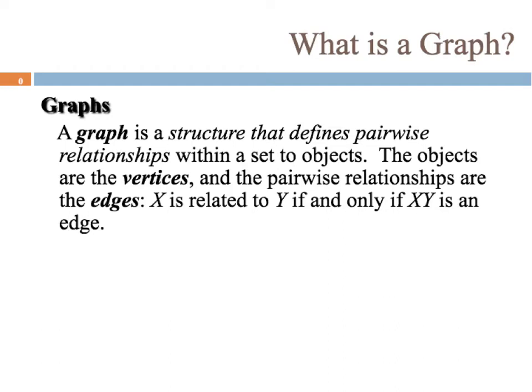To illustrate that really quick, let's say I have a point here and a point here, and this one is x and this one is y. Those are the vertices. They have a relationship: x is related to y, or y is related to x, if and only if we have an edge connecting them. So xy would be the edge in this case.